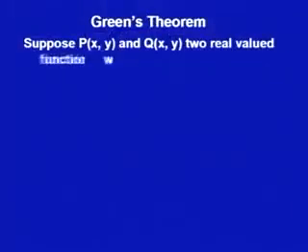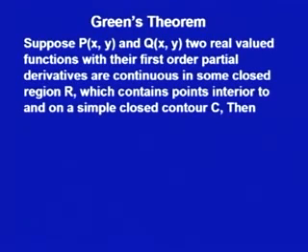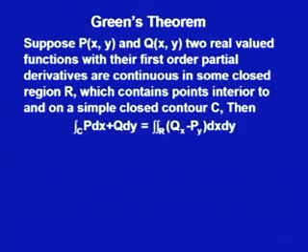So let us first see, suppose that p(x,y) and q(x,y) are two real valued functions which are continuous, with their first order partial derivatives also continuous in some closed region R, which contains points interior to and on a simple closed contour C. Then according to Green's theorem in advanced calculus, we know about the line integral that the integral along the contour C of p dx plus q dy is the same as the integral over the region of (qx minus py) with respect to dx dy.